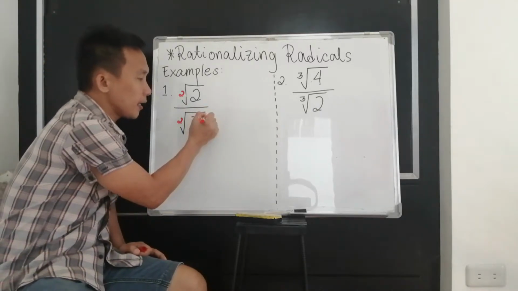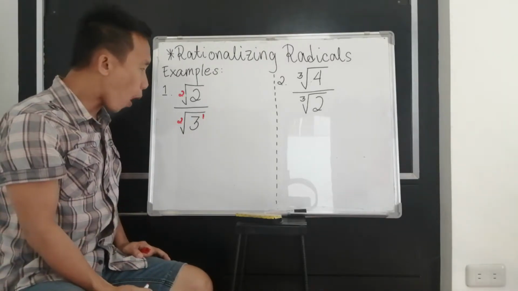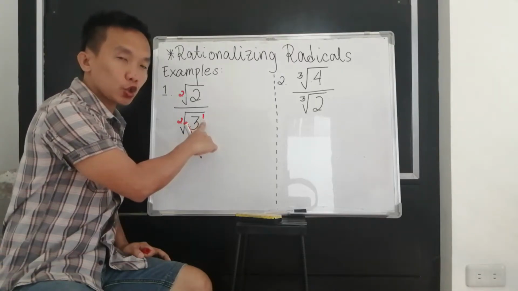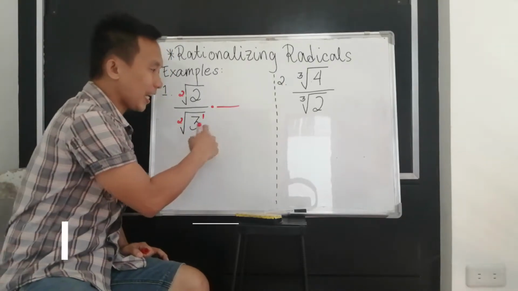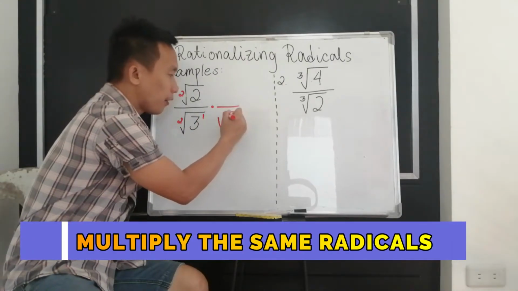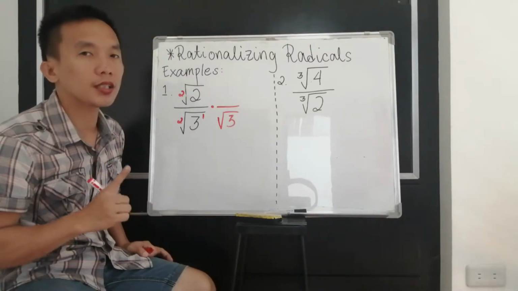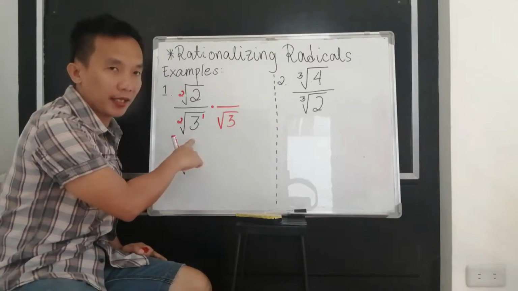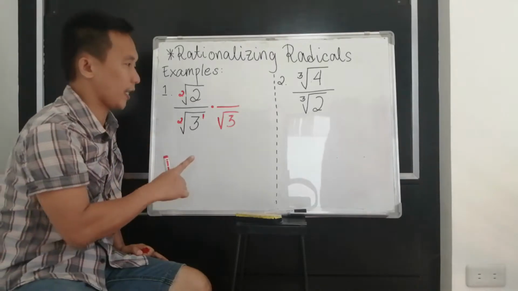So remember, this one has an exponent of 1. Now, for you to make this one 2, we are going to multiply the same radical. Because take note, in our laws of exponents, when multiplying the same base, we add our exponents.